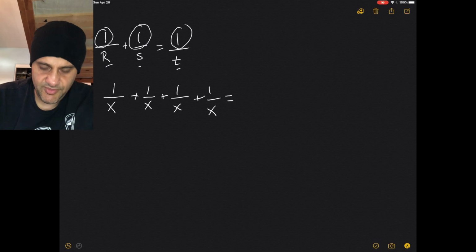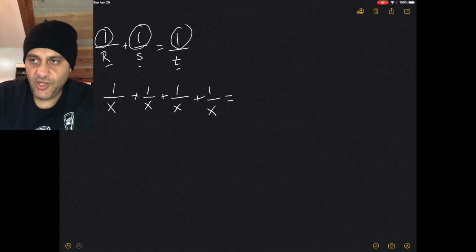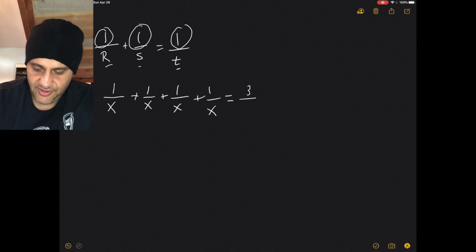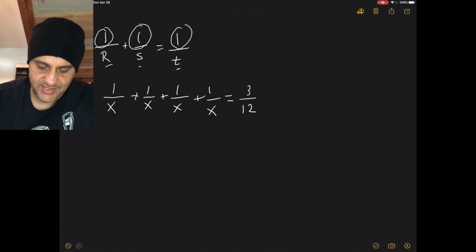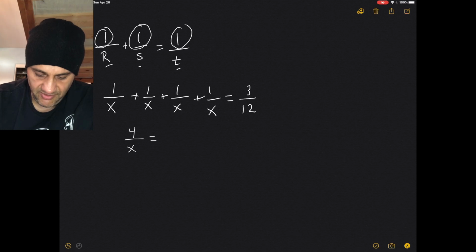We do know that all 4 machines together can do 3 projects in 12 hours. Now, what is 1/x + 1/x + 1/x + 1/x? Obviously, it's 4 times 1/x, so that's going to be 4/x = 3/12.